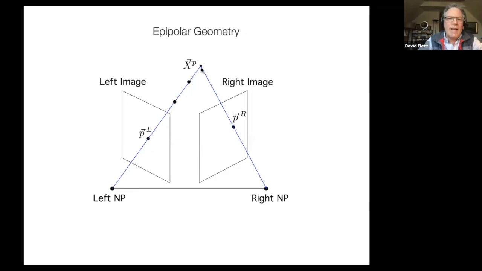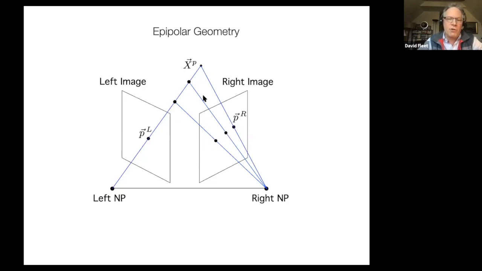Any point along that line will project to exactly the same point in the left image, but they project to different points in the right image. But you can prove that any point along that ray from the left nodal point to my point XP in the world projects into the right image such that the intersection of those projections with the right image defines a line.